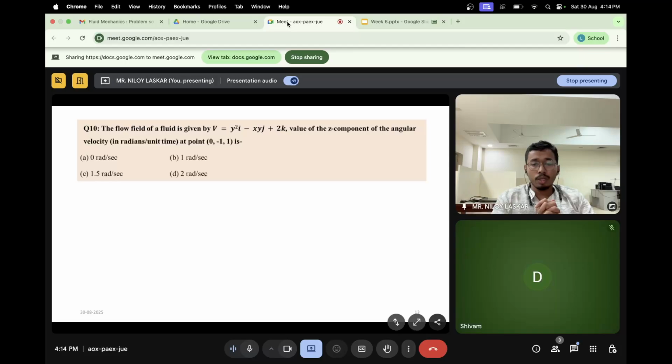For this one, I am giving you 2 minutes. So please try to solve this one. It's based on the same concept that I have discussed earlier. Okay. So please try to solve this one.